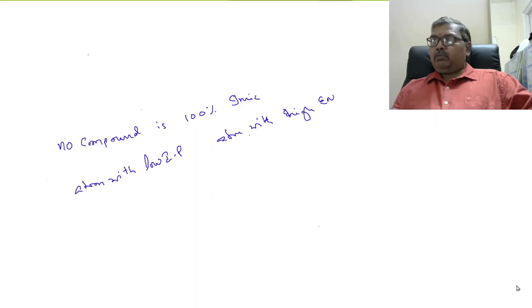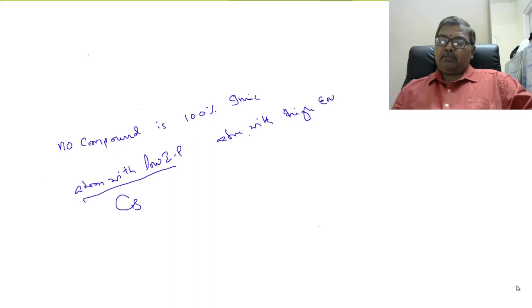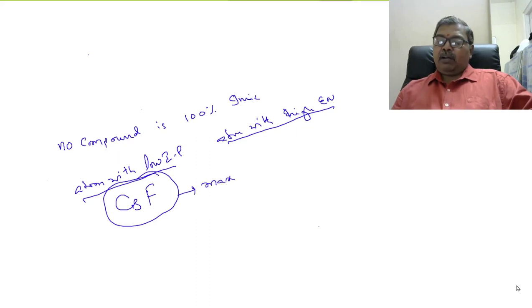In the periodic table, the atom with low ionization potential is cesium, a first group element, and the atom with high electronegativity is fluorine. So cesium fluoride must possess maximum ionic character.